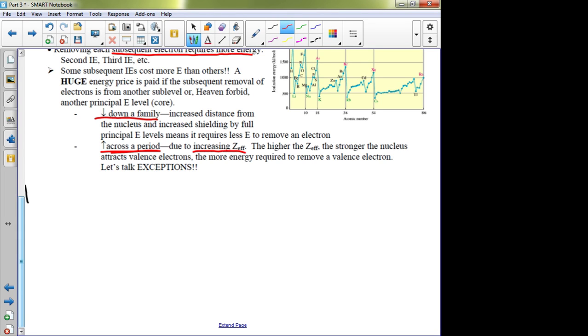Increasing, which means the nucleus is becoming more positive, which means the electrons are becoming more attracted. So what's going to happen to the amount of energy it takes to remove an electron? It's going to go up. Would you have to say because of the effective nuclear charge? Yes. Okay.